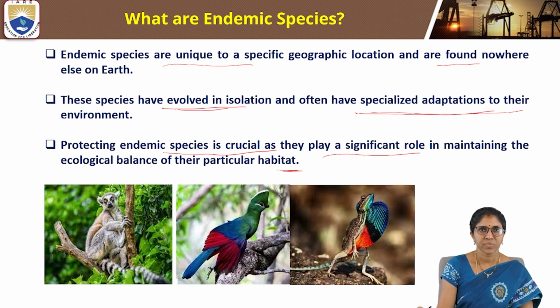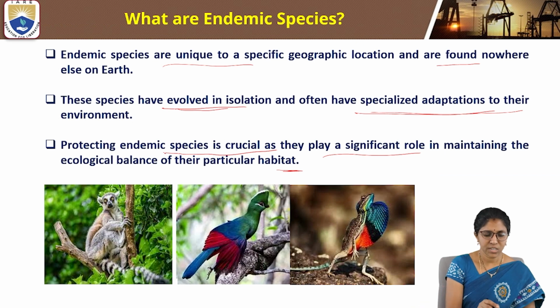Protecting endemic species is very crucial as they play a significant role in maintaining the ecological balance of their particular habitat. So endemic species are unique to a specific geographic location, and are found nowhere else on the earth.